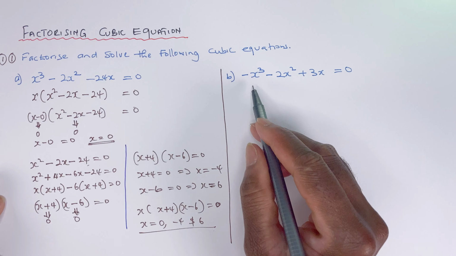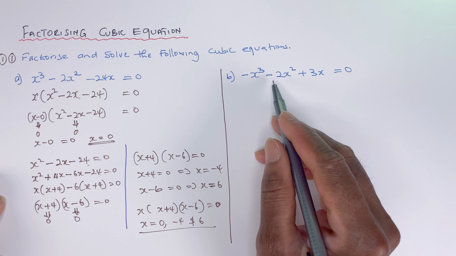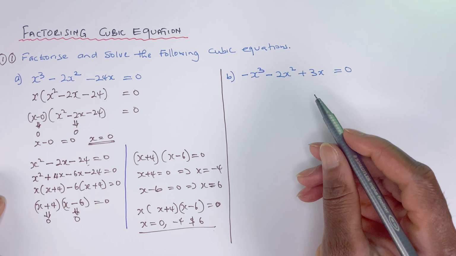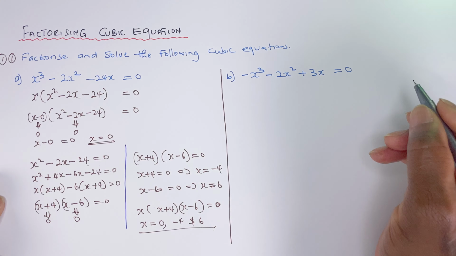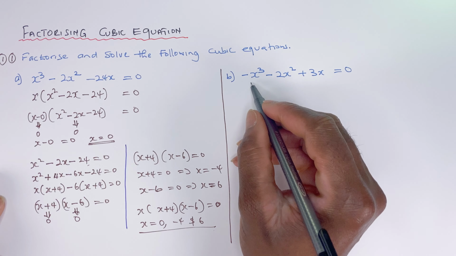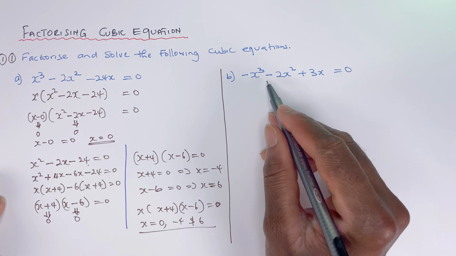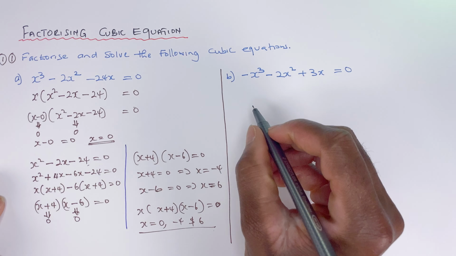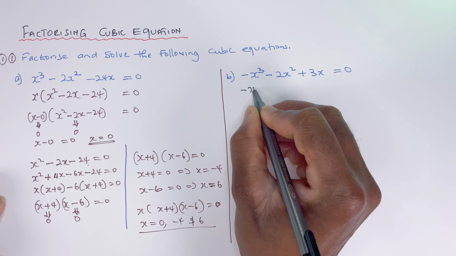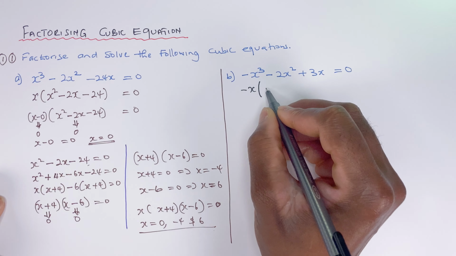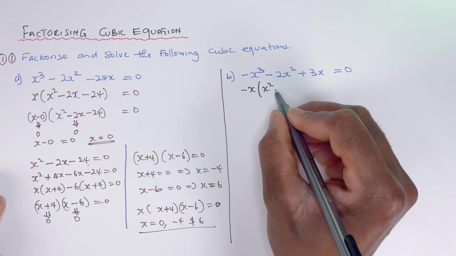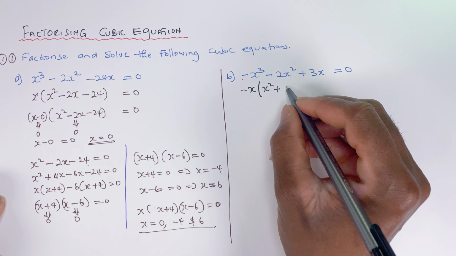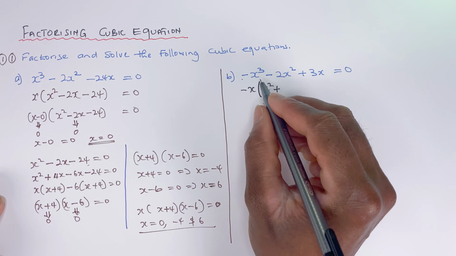Question B says minus x cubed minus 2x squared plus 3x. The first thing I need to do here is take out minus x, because I want to make that coefficient positive. So if I take out minus x, I would have x squared plus 2x minus 3, all that equal to 0.